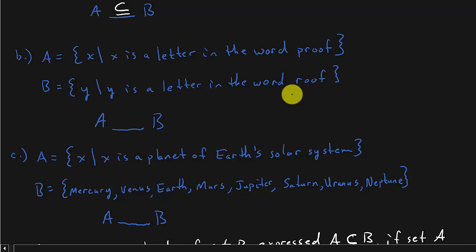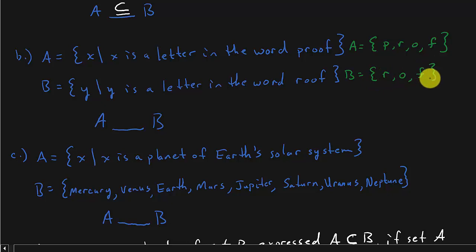So there's a couple of ways you can do this. I think the easiest thing, since we don't have a lot of elements here, I would just write this out as A is P, R, O, F, and set B is the set R, O, F.